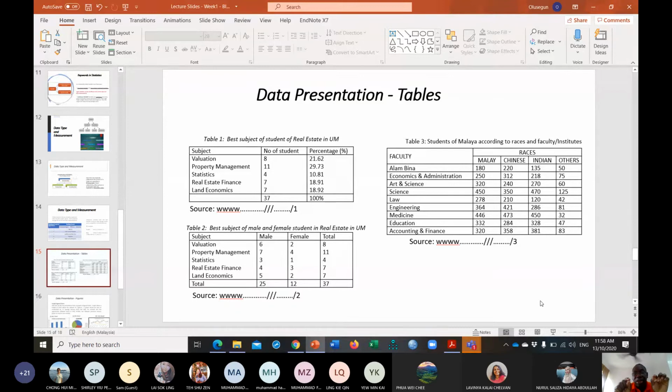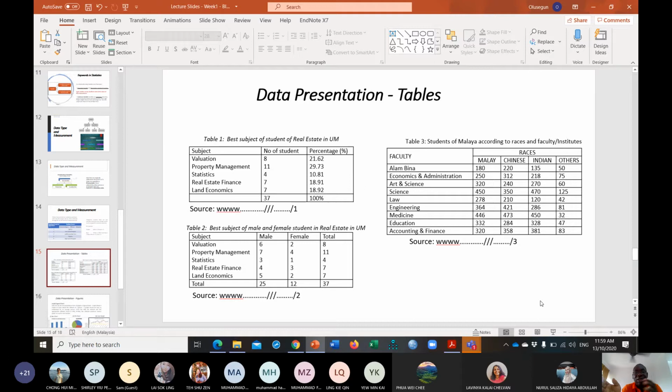It's not specifically saying that the majority love one or the other. That means the class is diverse. We have a reasonable number of people who love valuation, and a reasonable number of people who love real estate finance.